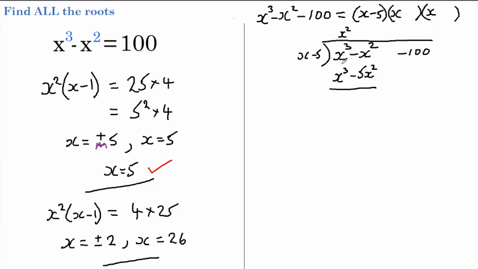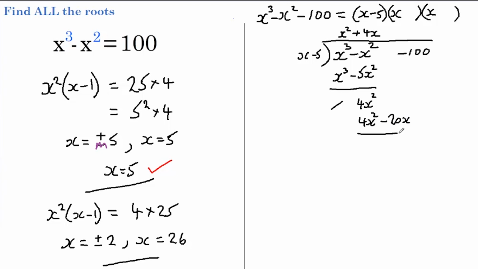Now if we deduct this from the above, this disappears and we end up with 4x squared. Now x's into 4x squared go 4x. So 4x times x is 4x squared. 4x times negative 5 is negative 20x.